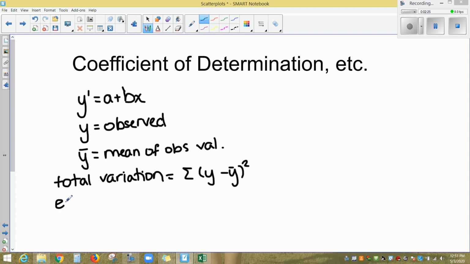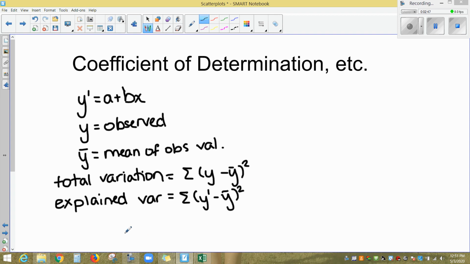The total variation has some more breakdown. We have our explained variation, which is the sum of the squares of the differences between the predicted value and the mean.